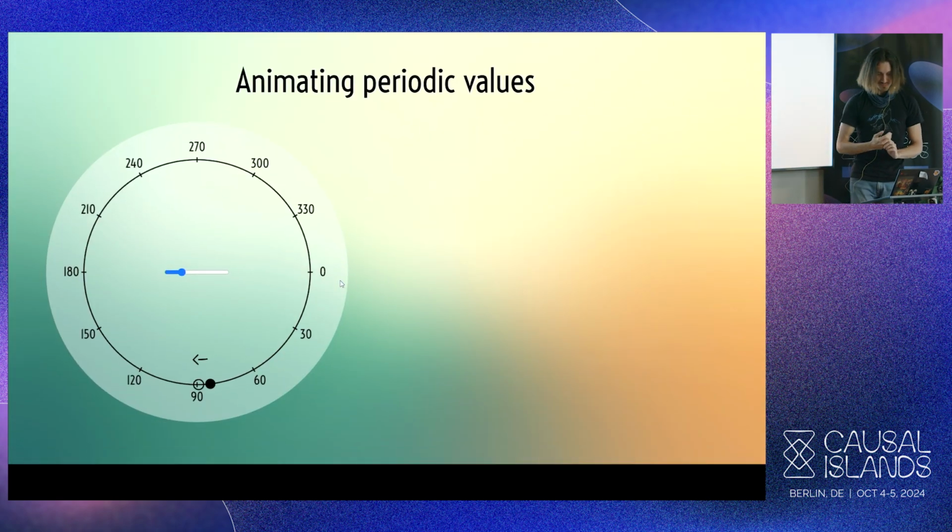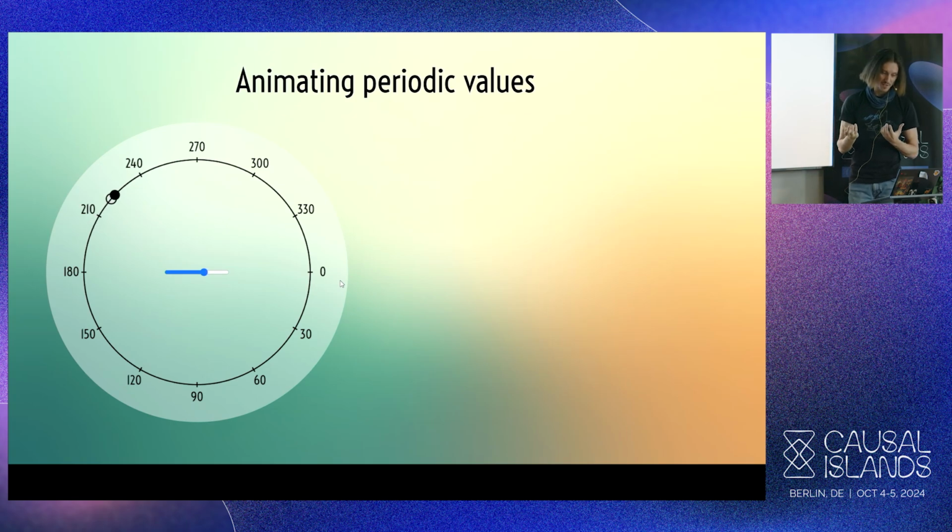Okay. So the next thing we want to animate is usually periodic values. Sometimes when we have a value which should rotate, the best way to approach a value which is very high from a value which is very low is to actually go down and wrap around and approach it from the top.